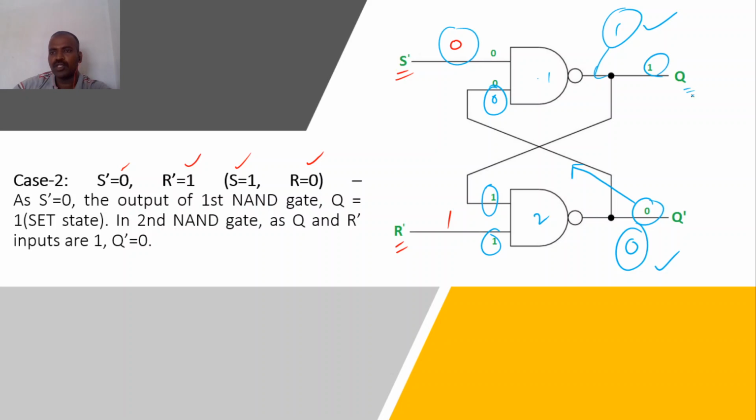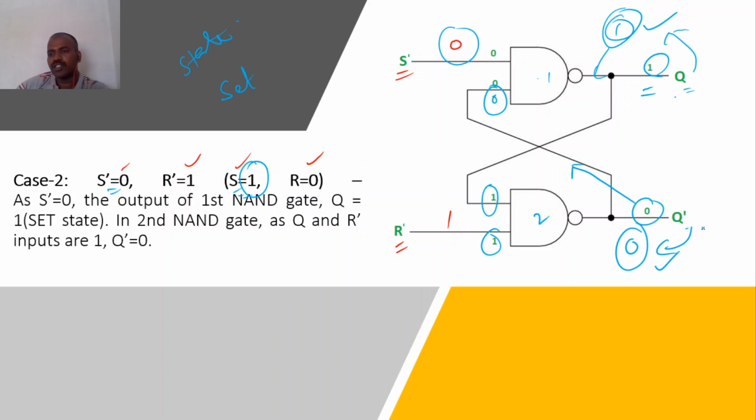That means Q is equal to 1, so Q bar is equal to 0. Hence the last condition is satisfied. S bar is 0, which means S is equal to 1, and Q is equal to 1. As I already told, this state is called the set state because the Q value is equal to 1.